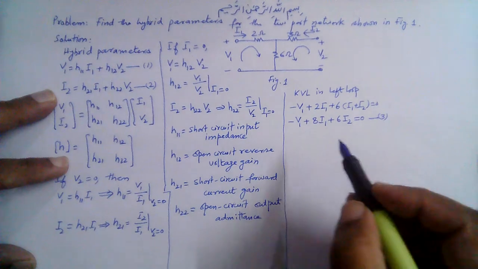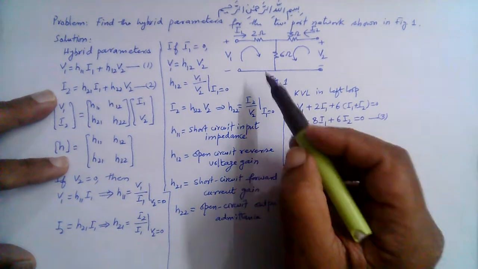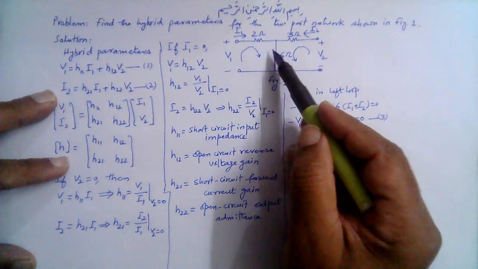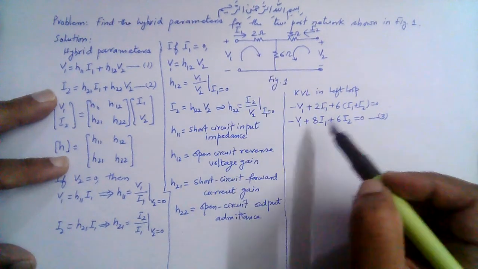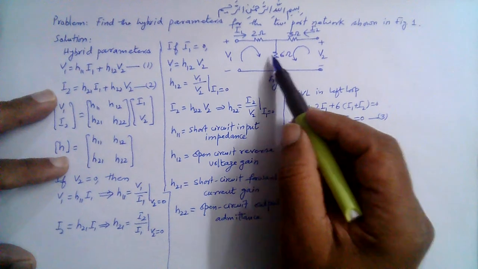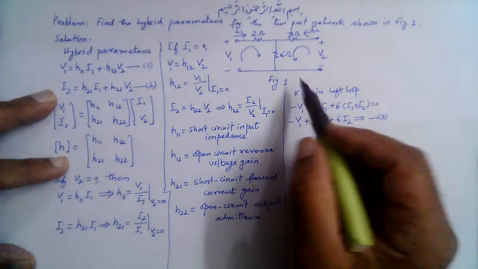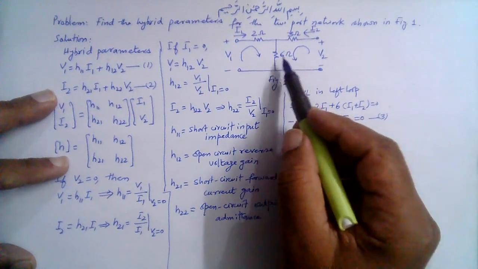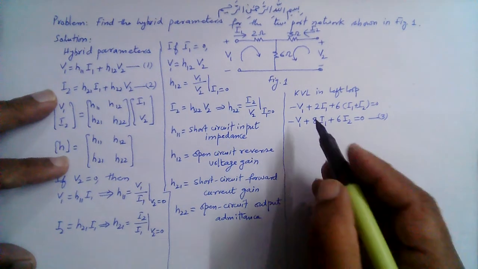Note that we can write this equation by inspection as well. The total resistance in this loop is 8 ohms, so the coefficient associated with I1 is 8, 8I1, and the resistance shared by I1 and I2 is 6 ohm. So the coefficient for I2 will be 6, and as I2 flows in the same direction as I1, the sign will be positive here.